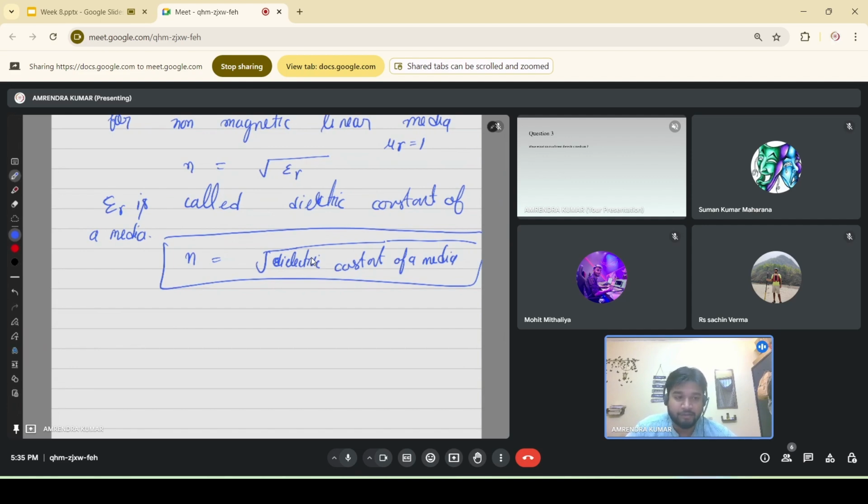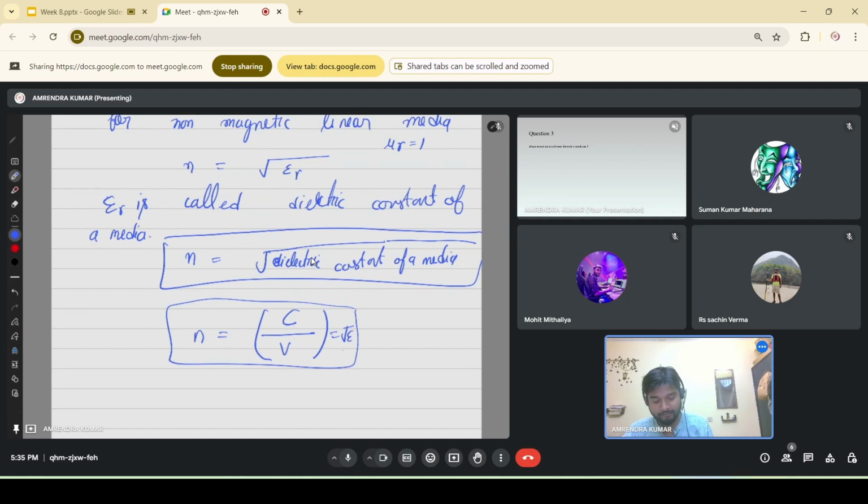This is what is called the refractive index of a media. So it's a ratio of the light speed in vacuum upon the light speed in the media, and this is proportional to the square root of epsilon r, the relative dielectric constant.